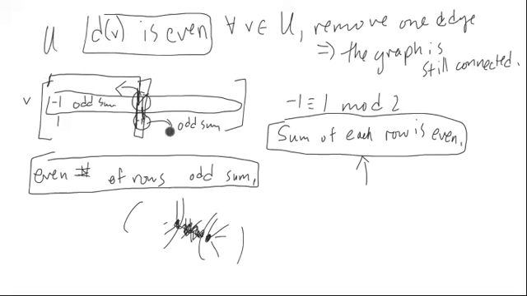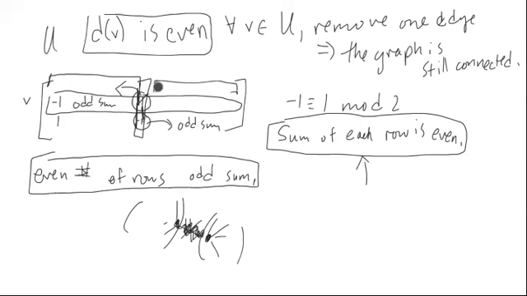Also, since they're connected components, this row over here will have no entries in the other incidence matrix, because these vertices won't be connected to anything over here. So each row, if you have two different connected components, can be split up into a place in one incidence matrix and the other. So if it's an even sum, it'll be an even sum in both of the components, because it's either going to be 0 or whatever it is in the other one.